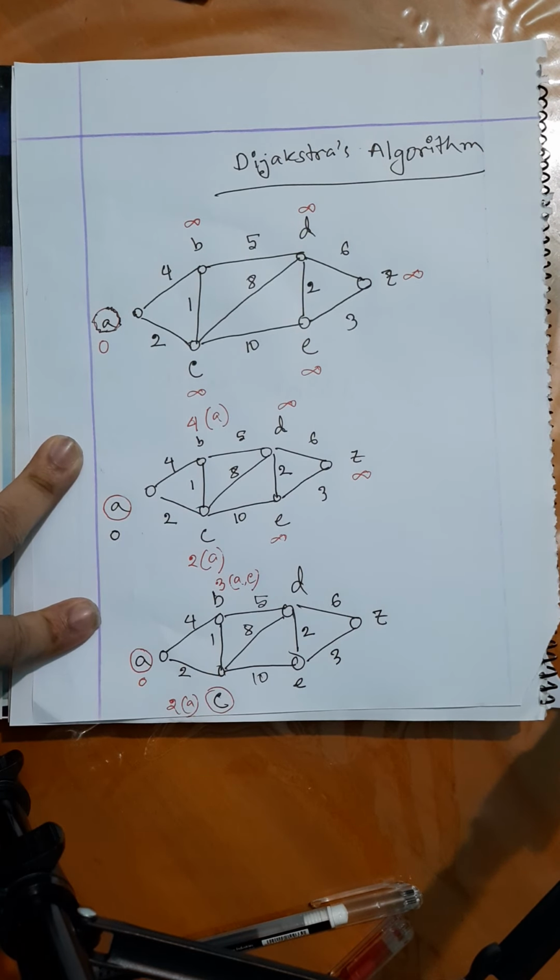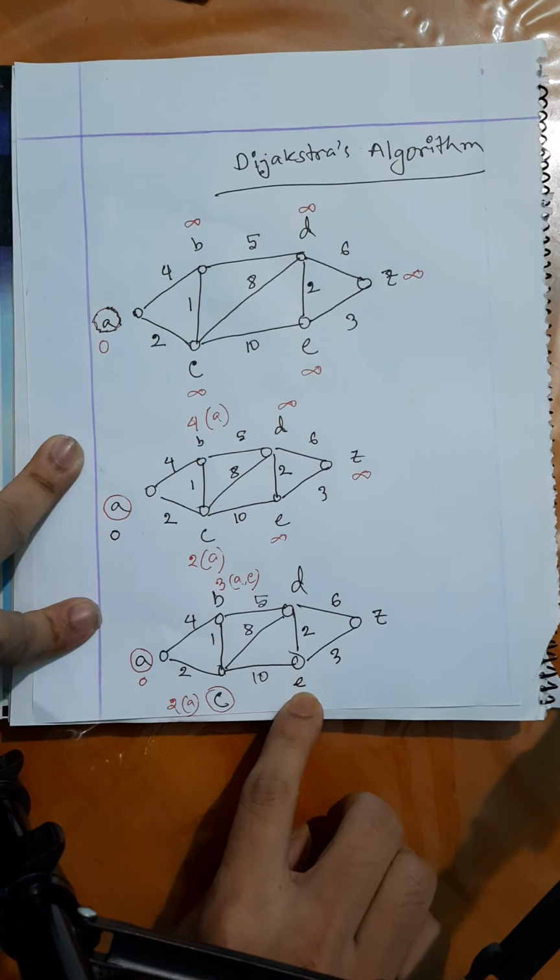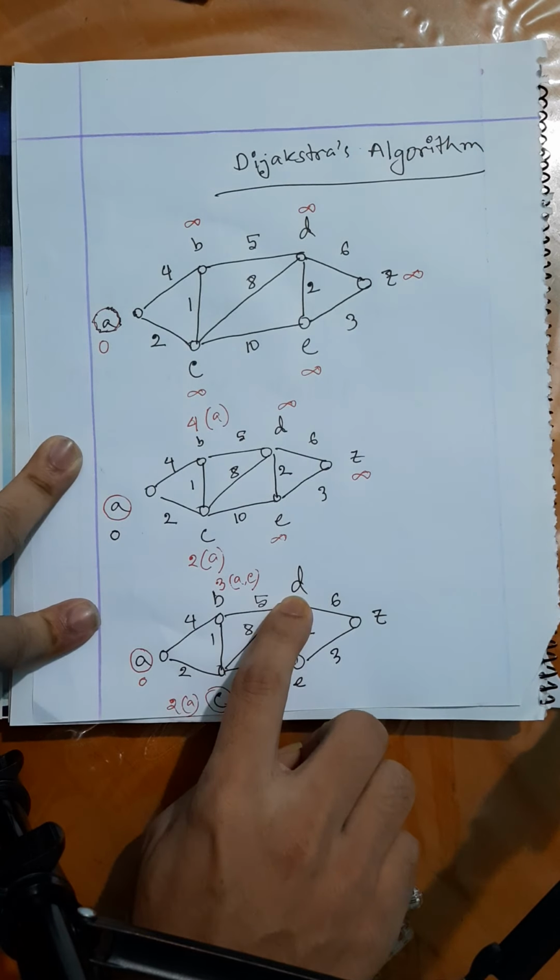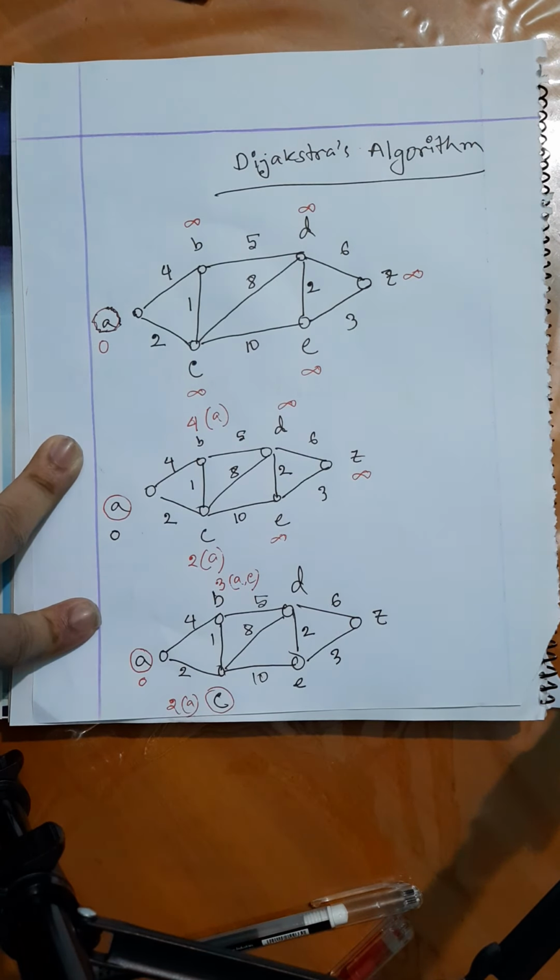We'll obviously update the distance values of E and D because they were assigned infinity previously. Whatever we choose now is going to be smaller than infinity.